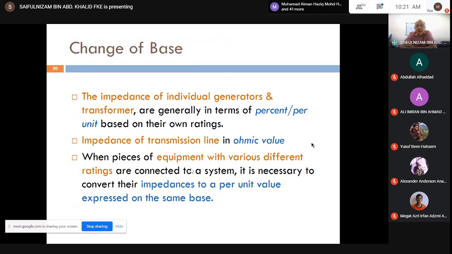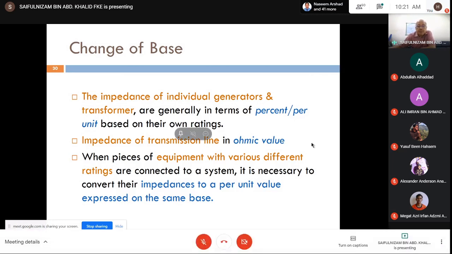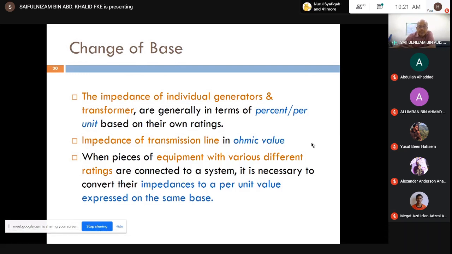Since we choose one common base kVA, or reference or base kV for the whole system, so the equivalent circuits are interconnected or linked together. Therefore, it becomes important to determine the per unit impedance of the various components, which correspond to the common chosen base kV and base kVA, or MVA.